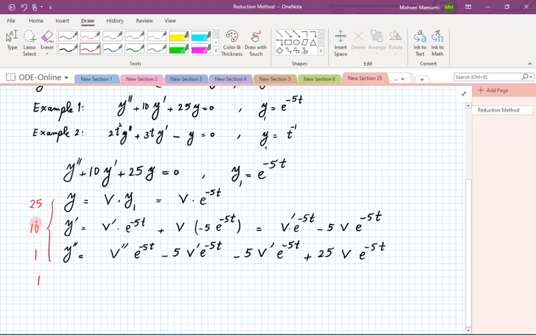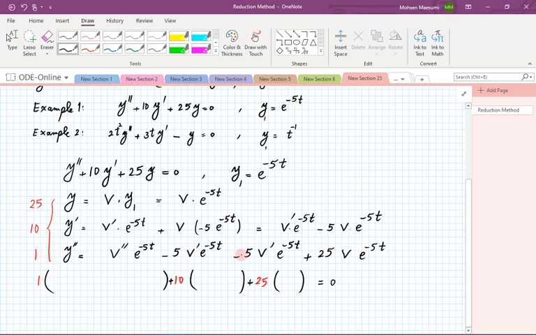So let me write my factors, 1 and a 10 and a 25. And then I have one of this thing, so let me make a box or a parentheses. And 10 of y prime, let me make a parenthesis for that. And 25 of the original, let me just make a parenthesis for that for the sake of uniformity.